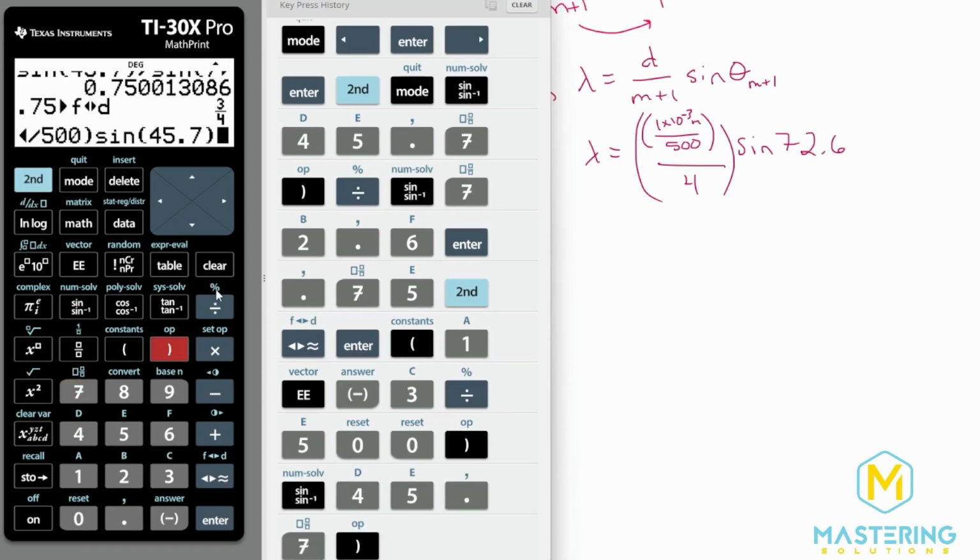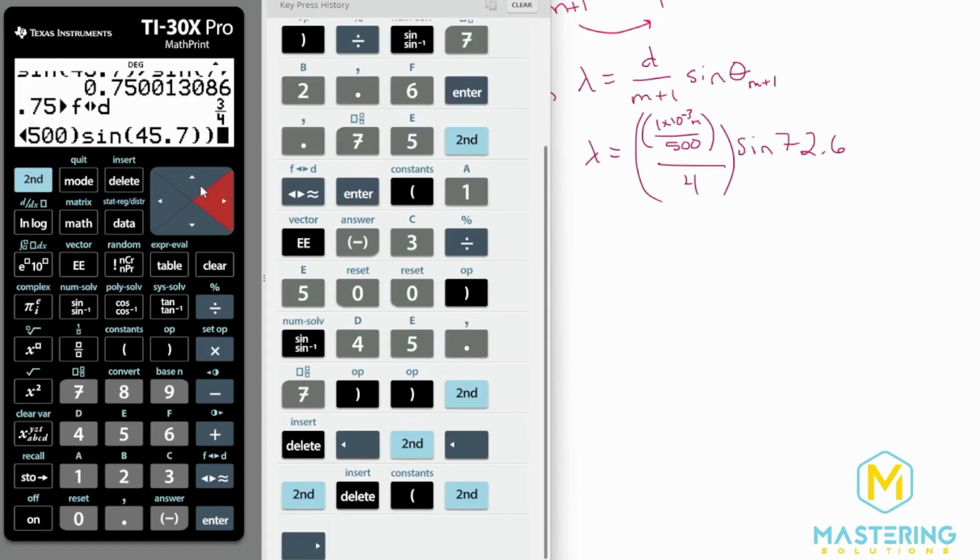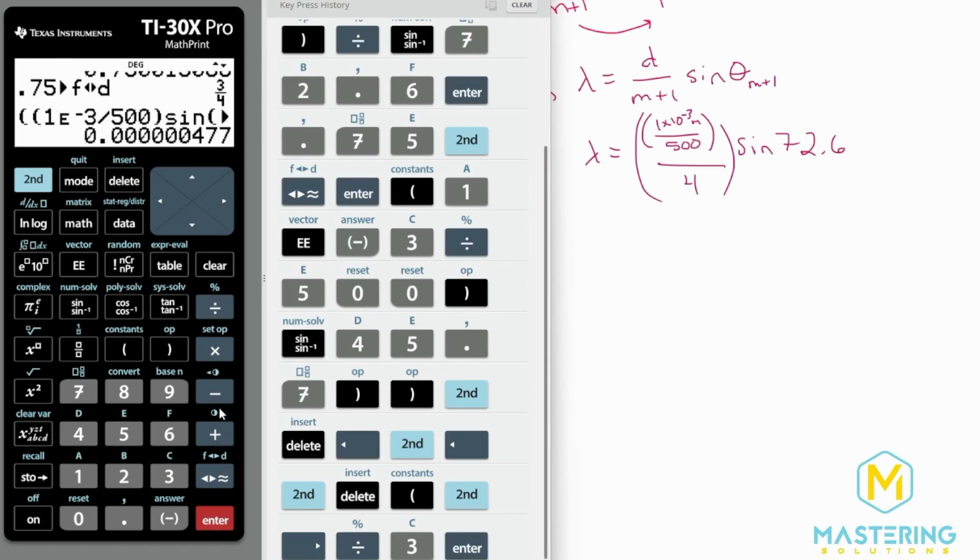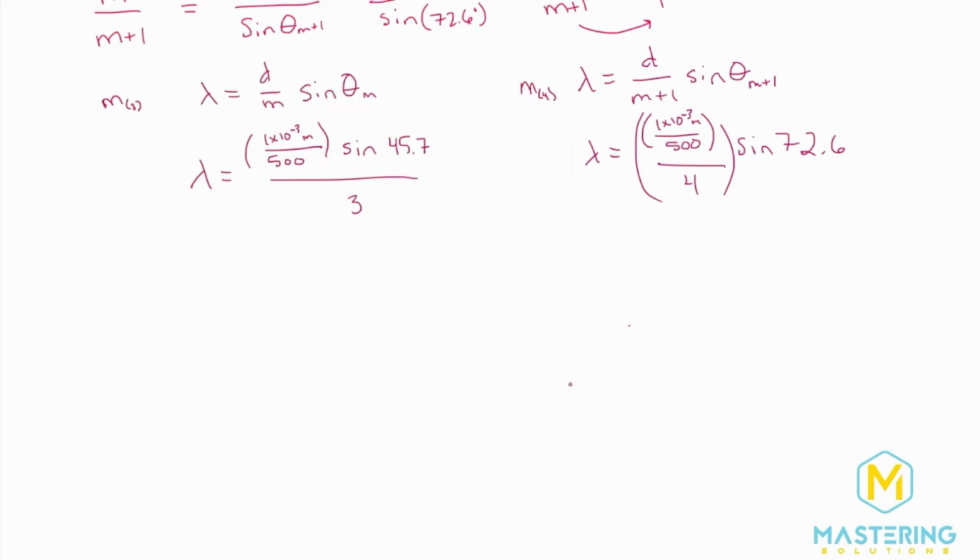And then all of that, we need another parenthesis over here. There we go. All of that gets divided by m, which is 3. So we have 0.477. That's 1, 2, 3, 4, 5, 6, 7, 8, 9. So the wavelength for our problem is 477 nanometers. So that's the answer. There's only one wavelength, as the question talks about.